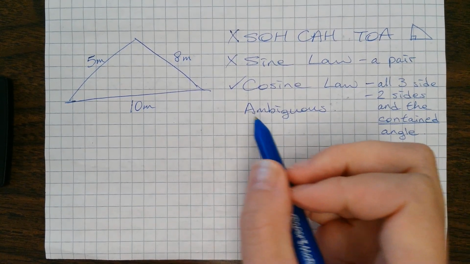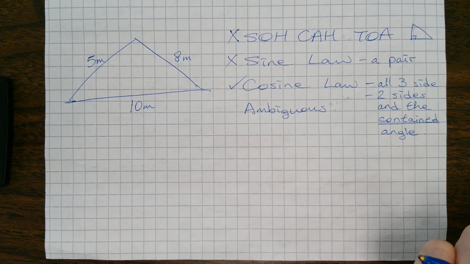Okay. Is this an ambiguous case? Yeah, I can't really tell because you can tell what the altitude is, but even before that, the angle. Yeah, right.